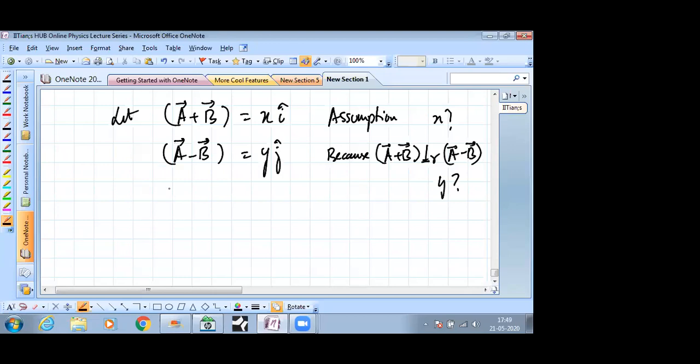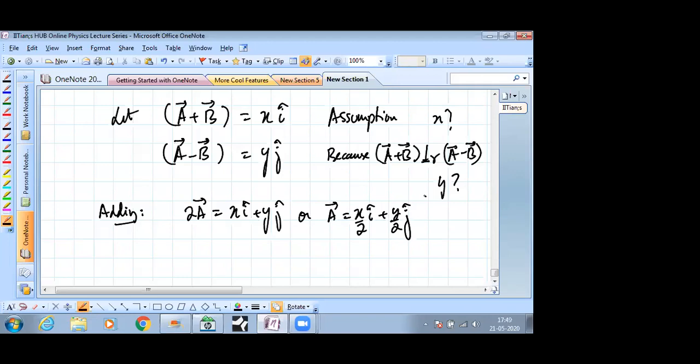So now, if this is equation 1 and this is equation 2, adding the two, we get 2A is equal to x i cap plus y j cap, or the vector A can be written as x by 2 i cap plus y by 2 j cap.